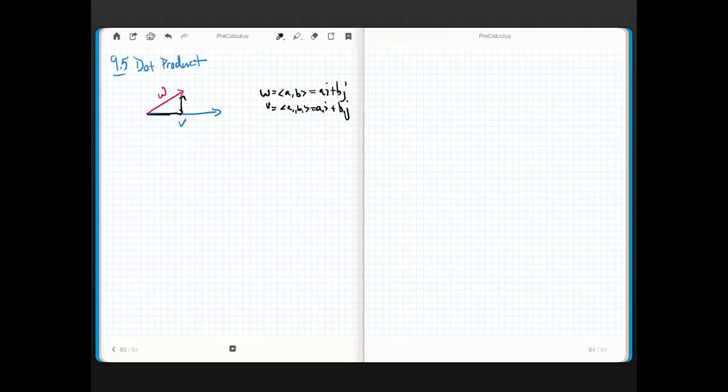I take the product of the magnitude of the horizontal component of w, if I'm going w dot v, and the magnitude of v, and I multiply those two values together. Then I get w dot v. This is a dot. It's not times, but it's sort of the vector equivalent of multiplying.